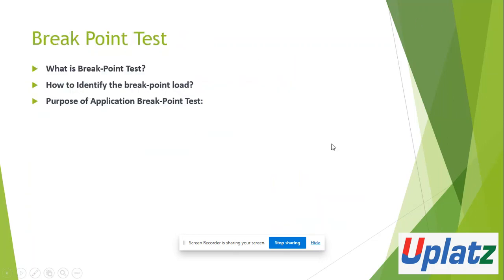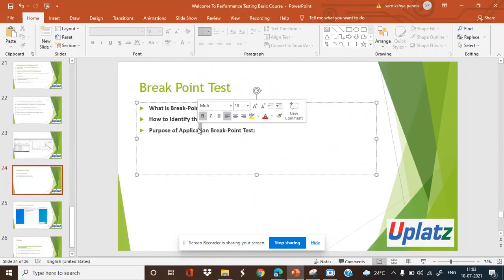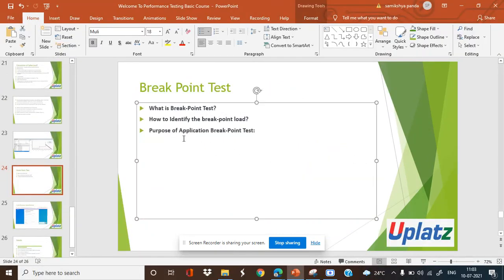Okay, let's see what a breakpoint test is.